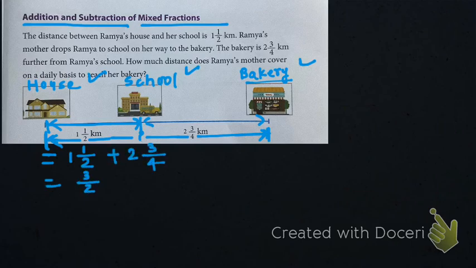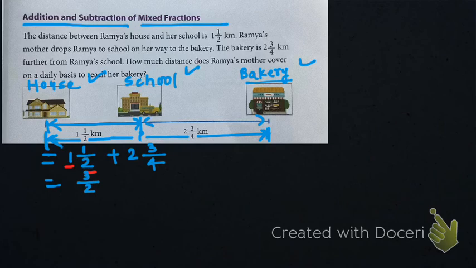First, we need to make these mixed fractions into unlike fractions. So 2 into 1 will be 2, and plus 1.